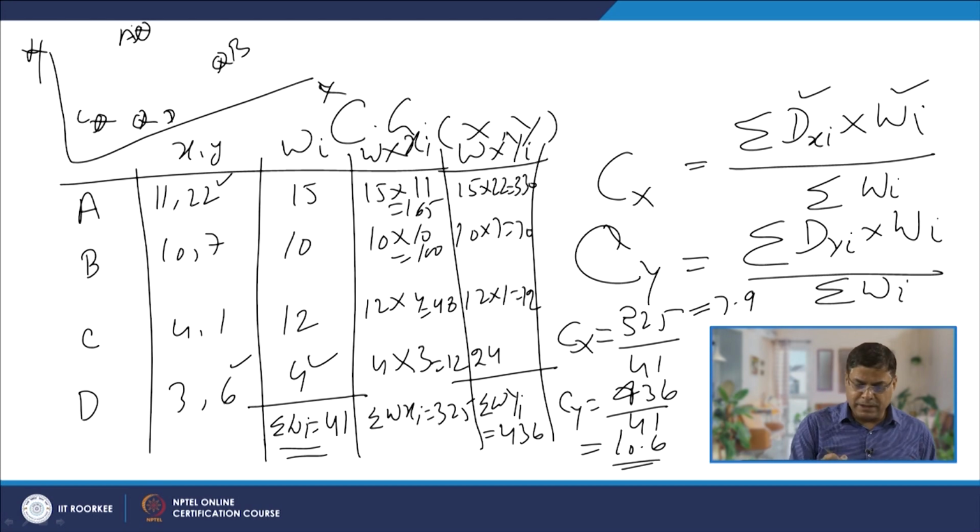Then, considering the weight or the extent of movement and their locations, the CG is coming out at 7.9.